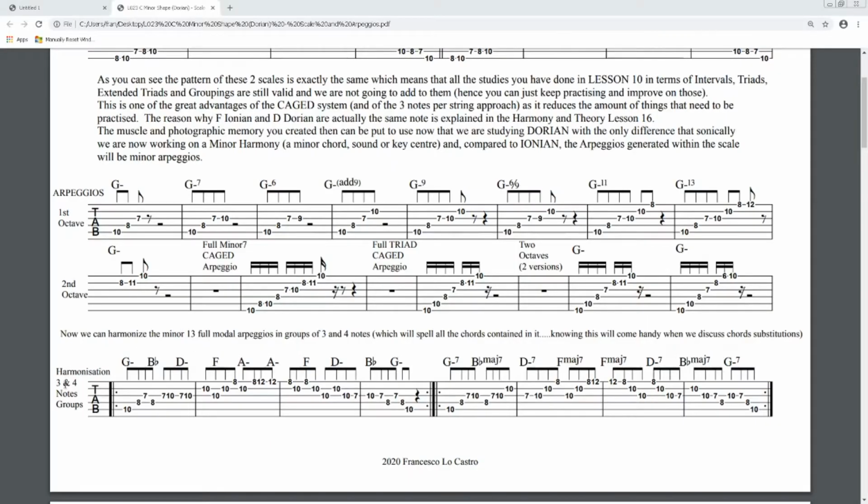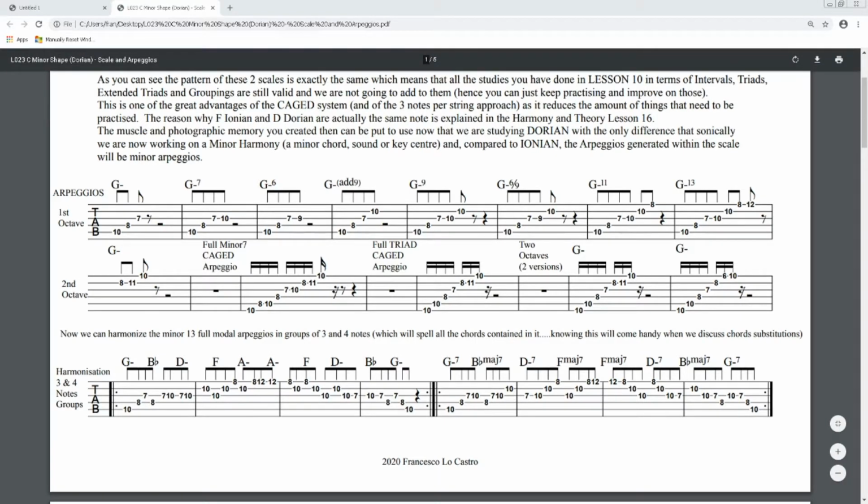Following that, I also added in the PDF the harmonization of these arpeggios, 3 and 4 note groups. What that means, besides it being written here and kind of self-explanatory, let me spend a few words on that.